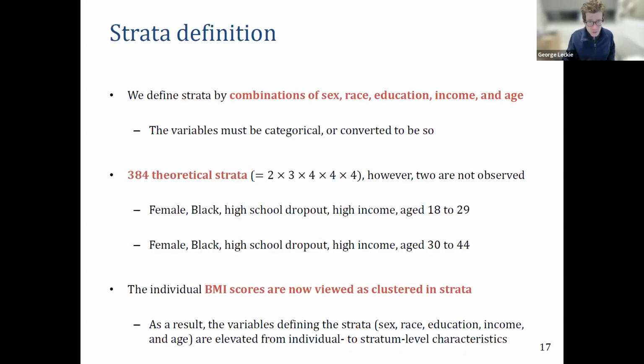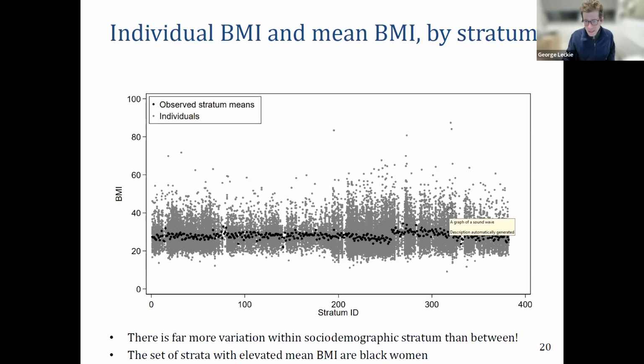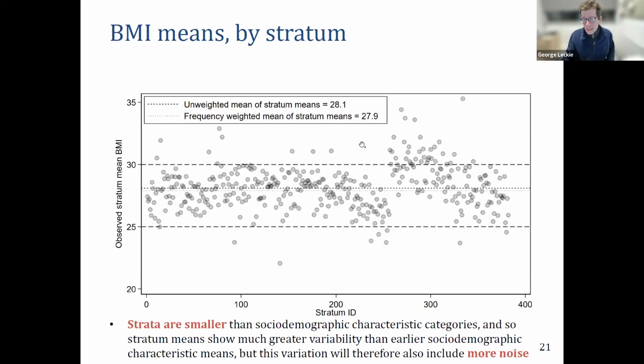Whereas as we shift on to these strata, we know that we've got many which are much smaller than that. Indeed, 4 only have 1 person. So some of these strata means are very erratic and imprecise, not trustworthy, not reliable. That's going to be an important feature of the data that we're going to build into the analysis and do something about the noise.